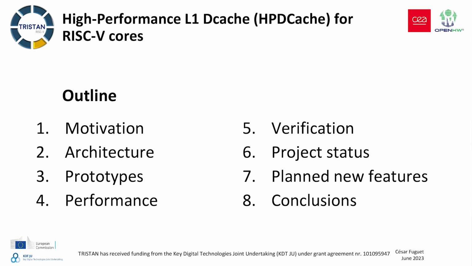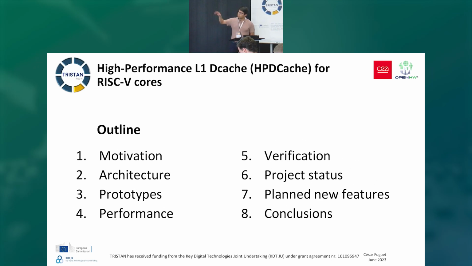Actually, we are also working on this IP during the TRISTAN project, and we are improving its quality to reach TRL7 level. So a short outline of the presentation. First I'll talk about why we did this IP, and the architecture. We actually have silicon prototypes and FPGA prototypes of it.